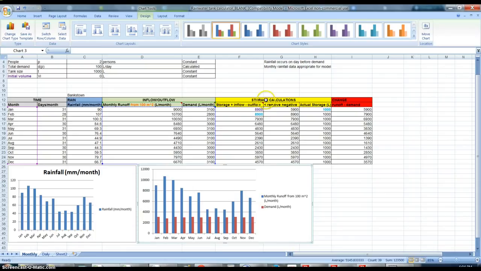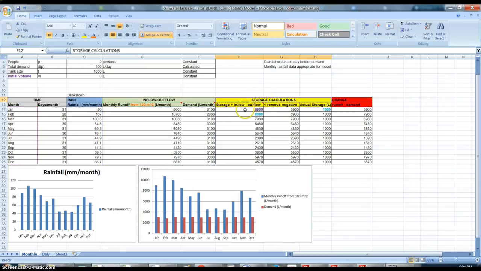So as you can expect, this is our storage calculation. So here we've got the total kind of coming in, the storage volume, the initial storage volume, which is 0, plus the inflow minus the demand.